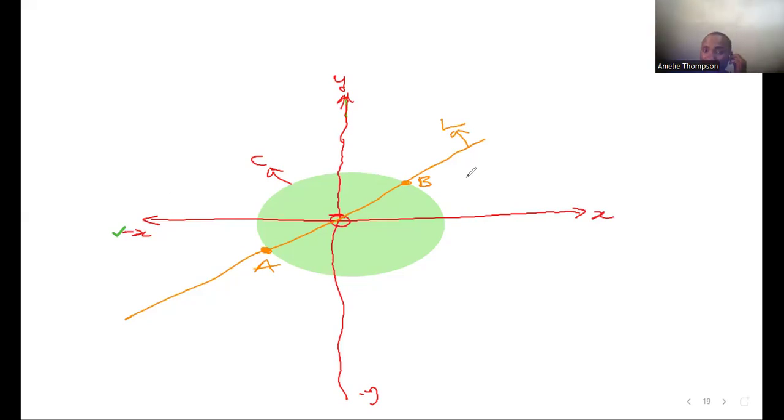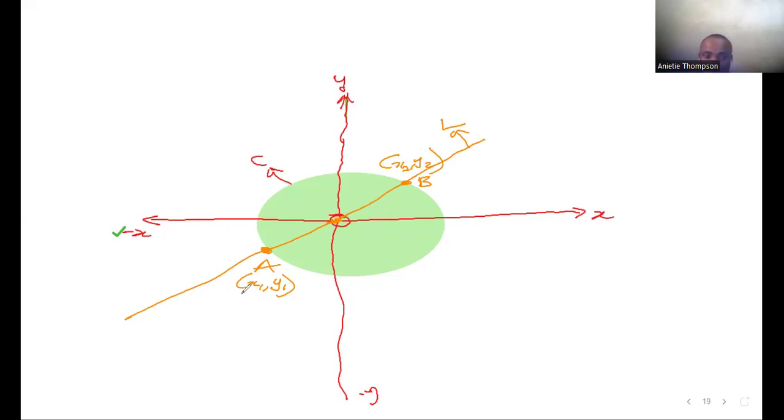So the symmetric property here is that we want to prove that the distance from this point to point B is equal to the distance from this point to point A. The coordinate system will have, let's say, x1, y1 coordinate values, and here we'll have x2, y2 values.